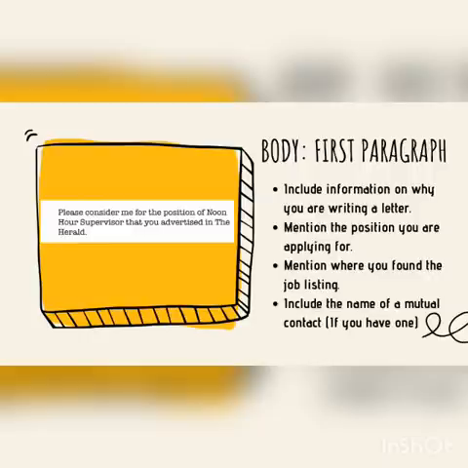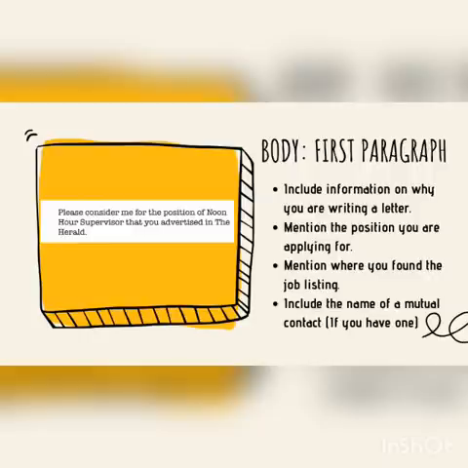You can also include the name of a mutual contact if you have one, but if you don't have one, just skip it. So in this example, Ted says that he writes a letter to be considered for the position of non-hour supervisor, and he found the job listing in the Herald.